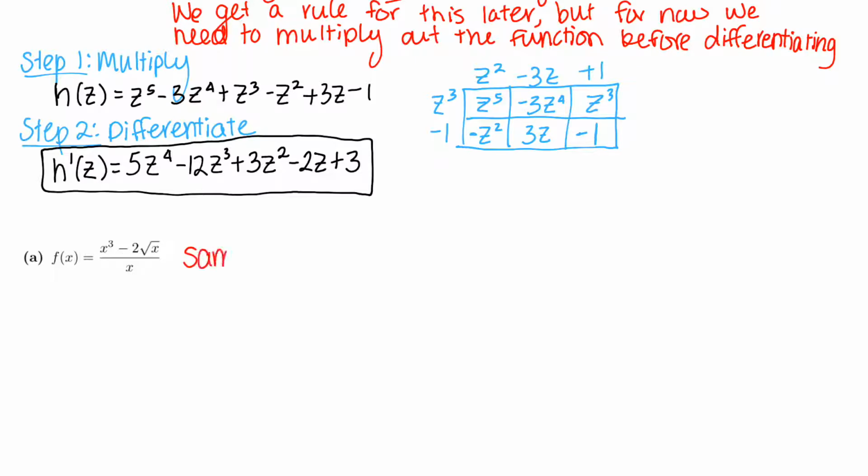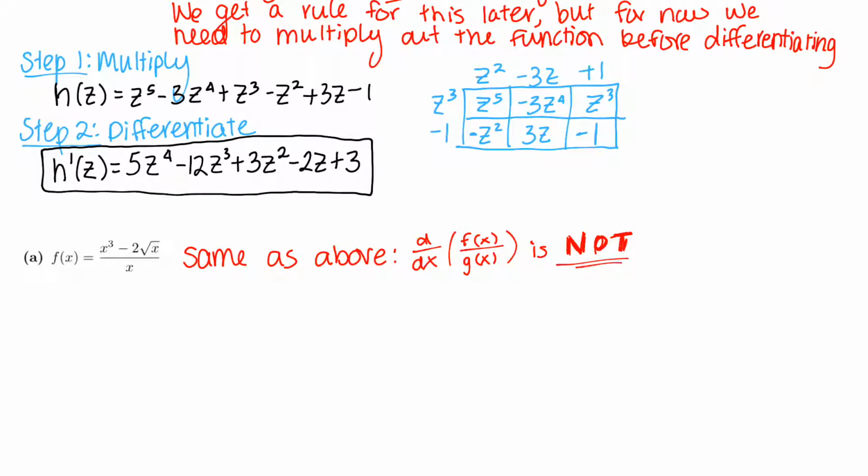So same as above, the derivative of two functions that are being divided is not, and I'm making this really bold because I'm going to see this mistake made on tests and it's going to make me cry on the inside, so I'm going to make it bold, is not just taking the derivative of the top and taking the derivative of the bottom. You can't just differentiate the top and put it over the differentiation at the bottom.